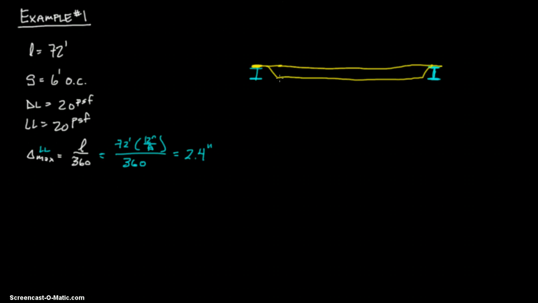It has these triangles, which makes it a truss, or similar to a truss type system. These are called open web steel joists.